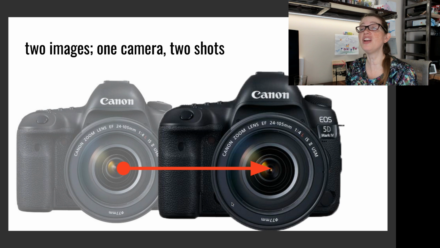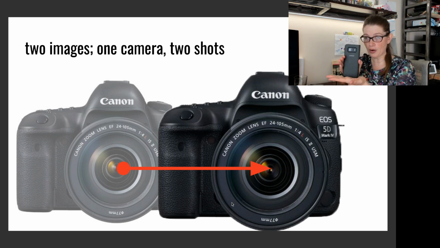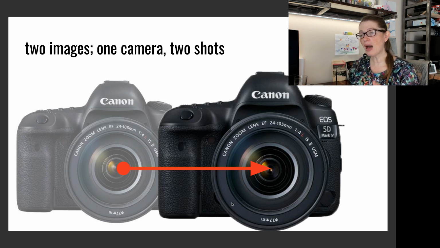Okay, so that's another way you could do it. But if you've only got one camera, that actually doesn't preclude you from taking a 3D photo. In fact, I've got my cell phone here, which only has one camera lens. What you would do is very, very carefully take one photo, shift your camera, and take the second photo. Now, that will let you take a still photo. I don't know about you, but I can't hold a camera still to save my life.